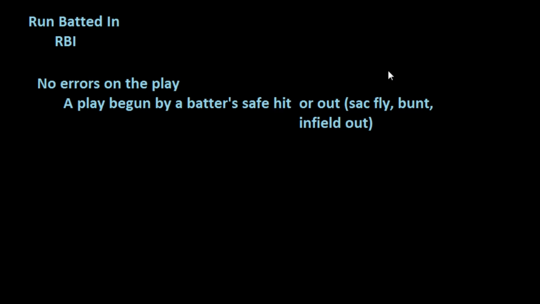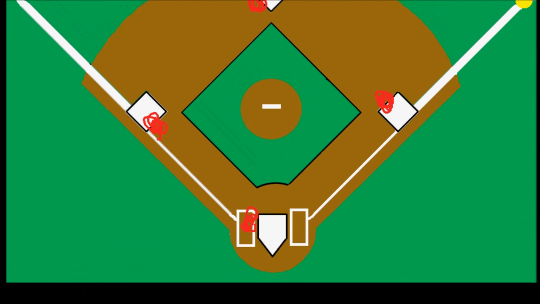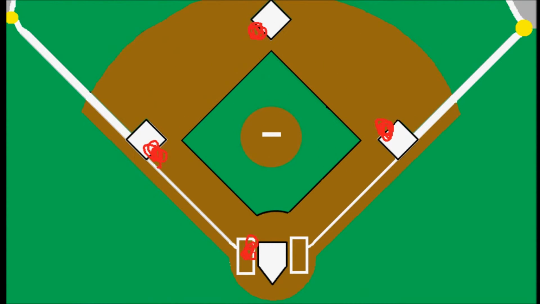The second way that you can get credit for an RBI relies on the fact that we're starting the play with the bases loaded. It might seem like an easy way to do it, but any way this guy gets on base, even in one of those automatic ways to get on base, if the run scores, he gets the RBI.